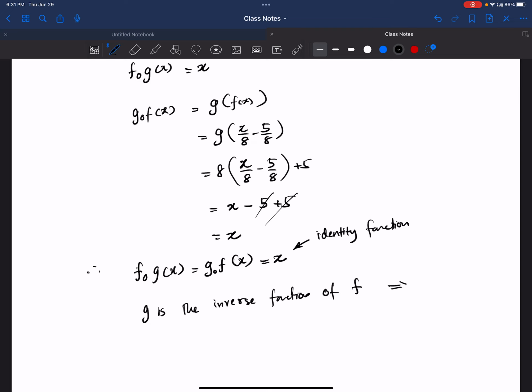That means you have f inverse is equal to g, and f is the inverse function of g, which is g inverse is equal to f.